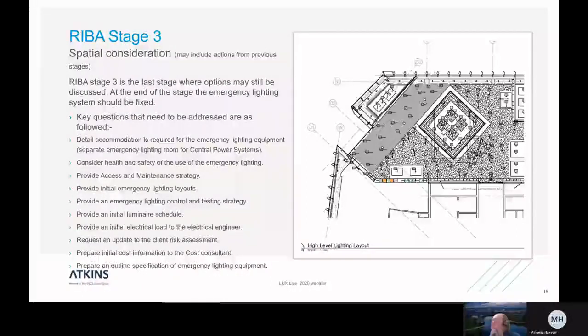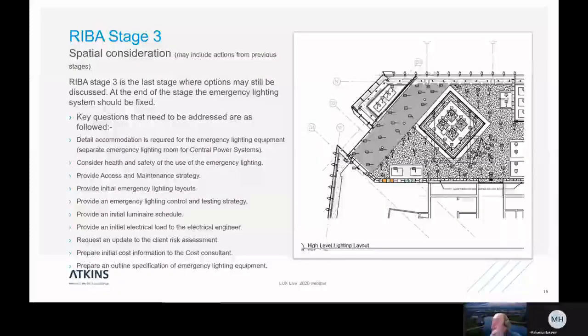At the end of those points, you're then left with just doing your calculations and finding out how many luminaires you need to fill in between the points of emphasis and the signs and so on.